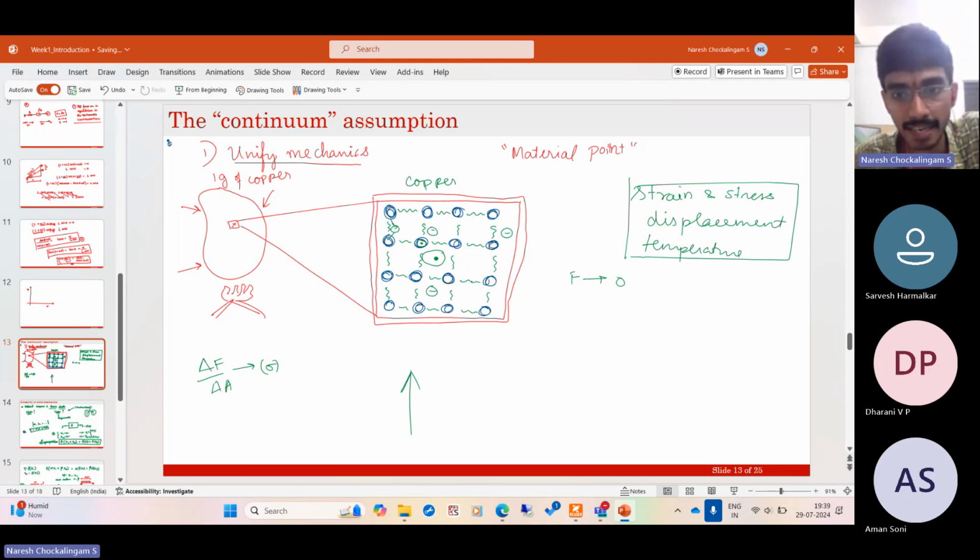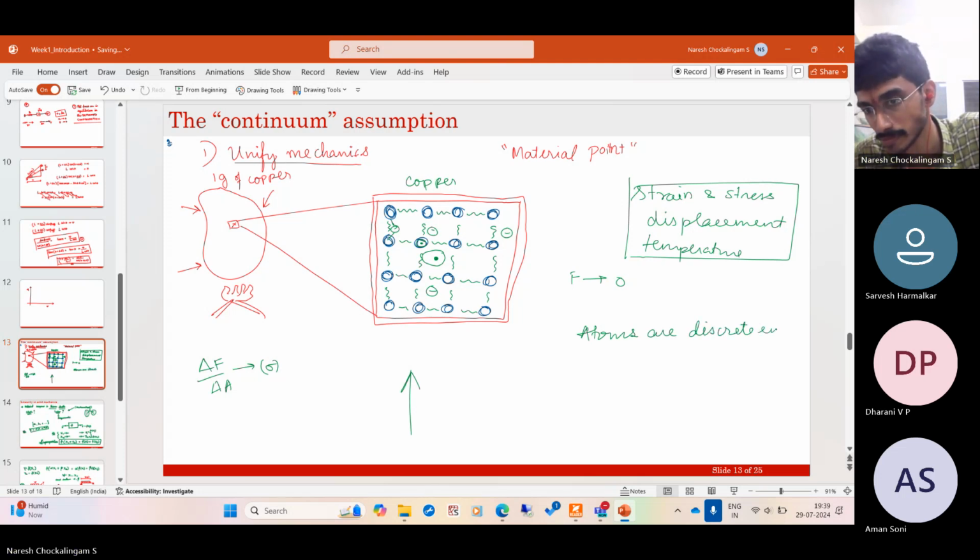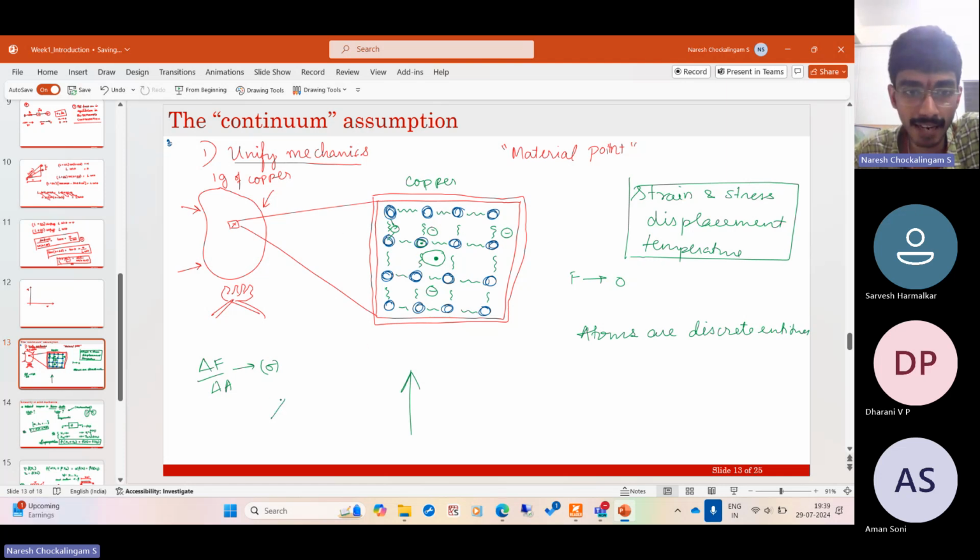So atoms are discrete entities. On this atom, there are forces by other atoms. As you keep shrinking our volume to a point on the atom, there is a definite force. The force will not reduce any further because the surrounding atoms are all the same, but the volume will keep reducing, which means this limit does not exist as you shrink on an atom.